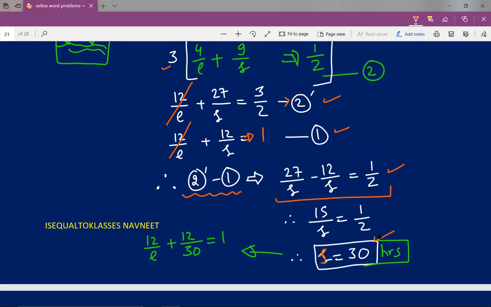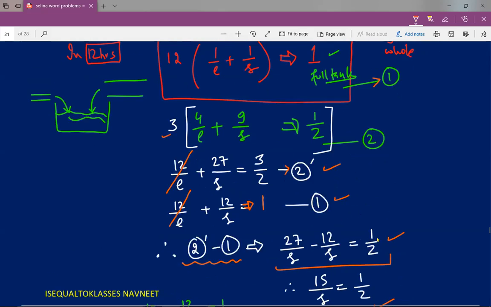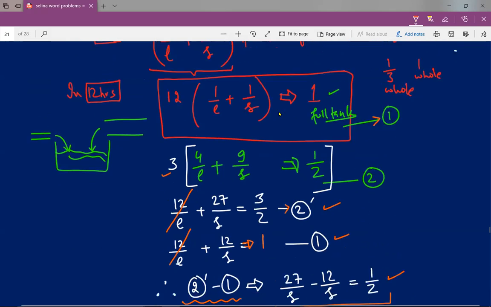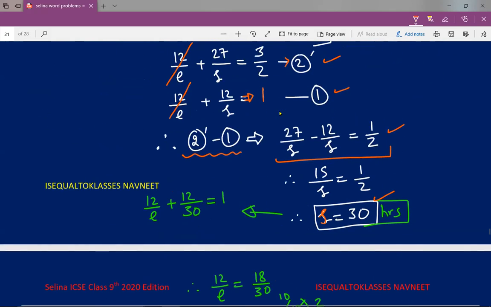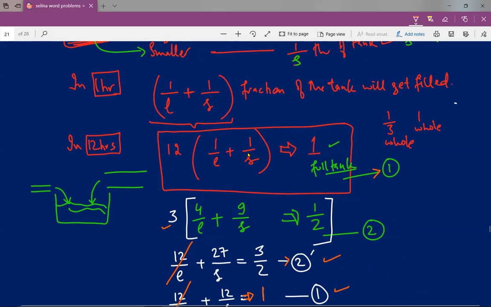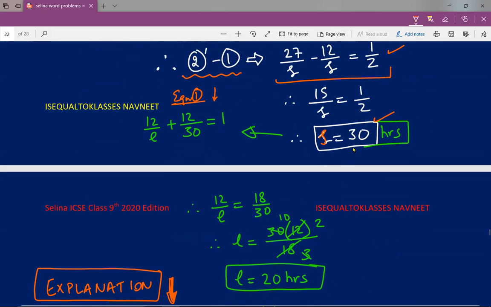And I put this value of S in equation number 1. After putting the value in equation number 1, I get the value of L as 20 hours.